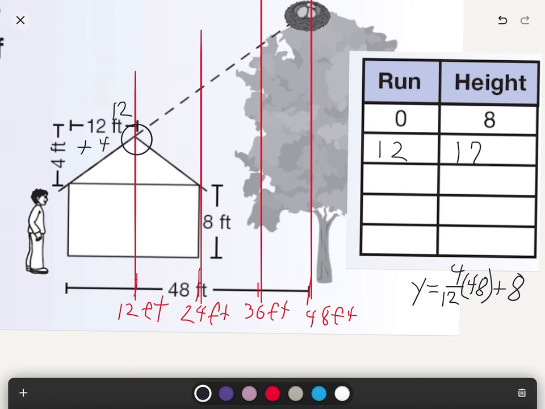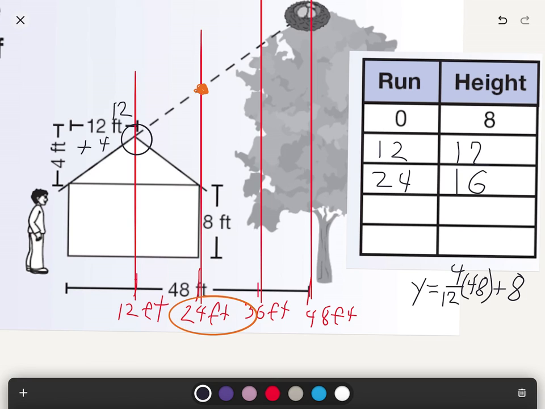And then if we go to our 24 feet, our point up here, then we are once again going up 4 feet.